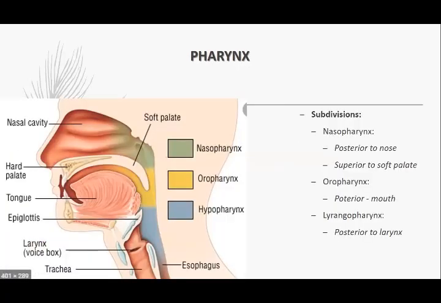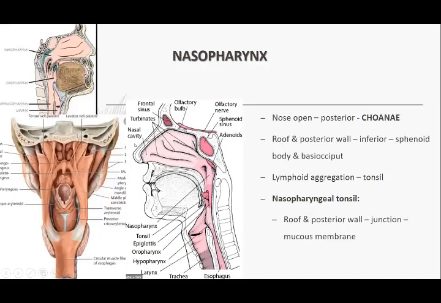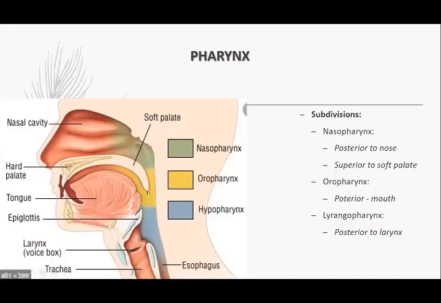For the purpose of convenience, we divide the pharynx into three subparts. From cranial to caudal, we have the nasopharynx, shown in green, the oropharynx in yellow, and the laryngopharynx in blue.